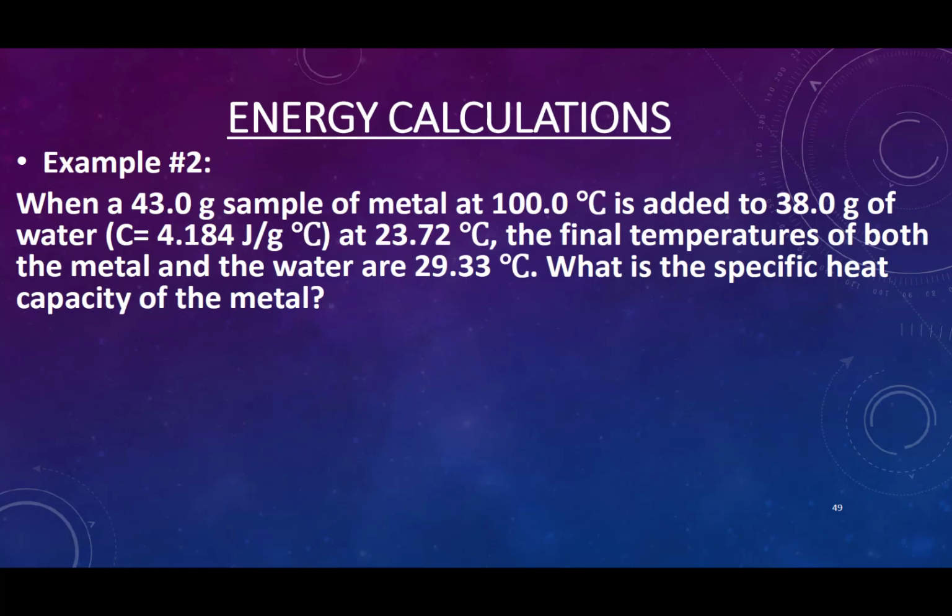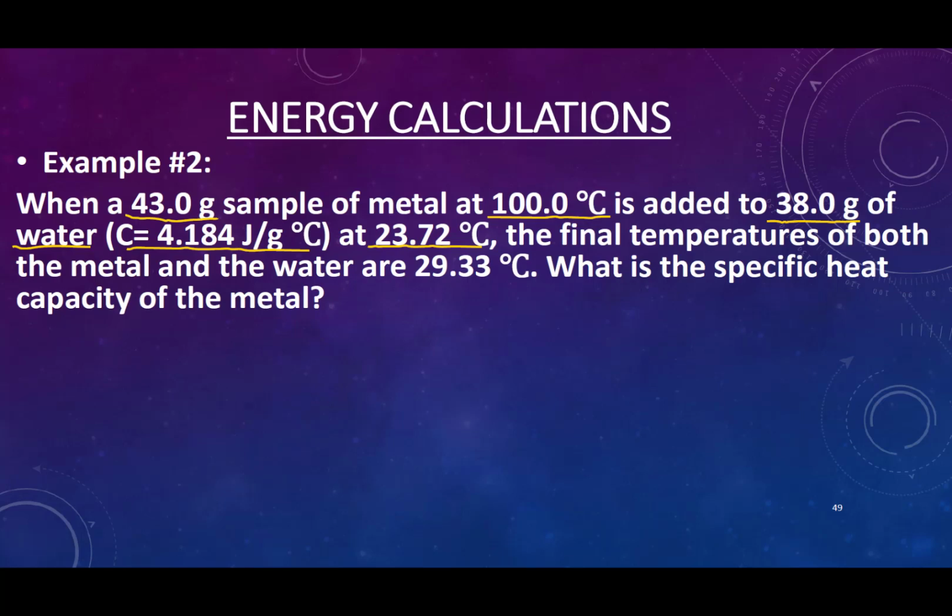Let's do another example. All right, in this example, we have a metal with a mass of 43.0 grams. Its initial temperature is 100.0 degrees Celsius, and that piece of metal was added to 38.0 grams of water with this specific heat capacity, and the water's initial temperature is 23.72 degrees Celsius.